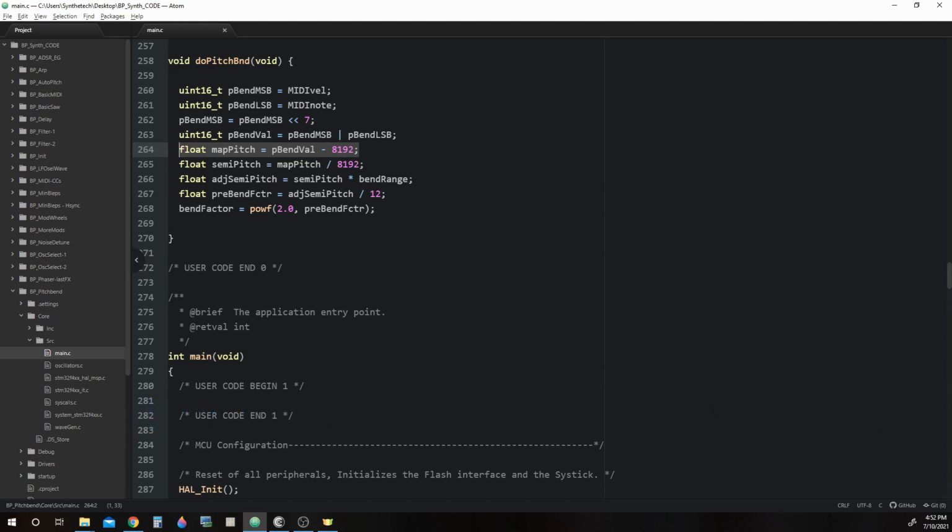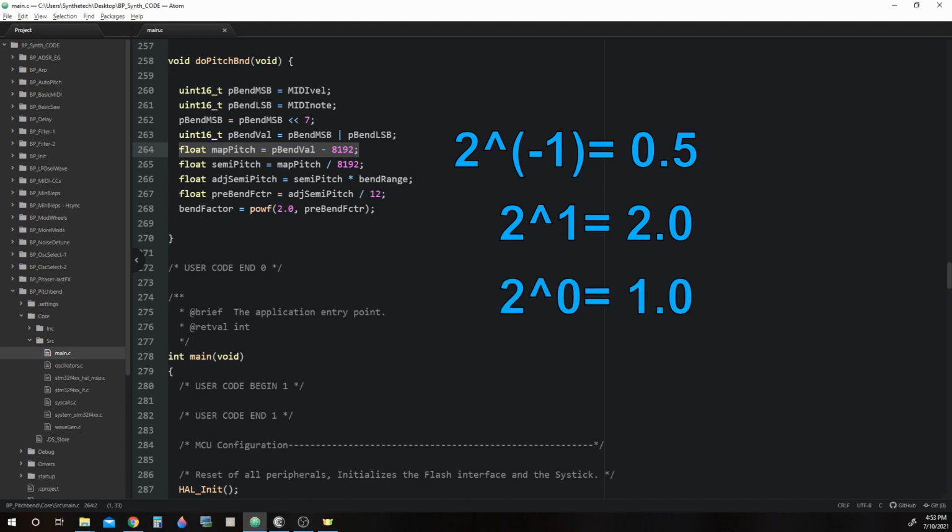In similar fashion to what we did with converting a MIDI note number to a frequency, we will be using a base of 2 exponent in our code. So negative values will become fractional values less than 1, and positive values will become fractional values greater than 1. And if we have a value of 0, we end up with a 1 after applying the 2 base exponent, which won't change the frequency at all.